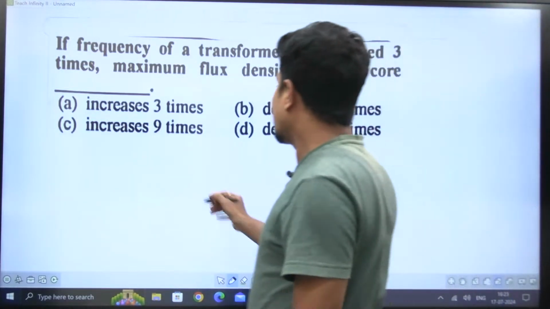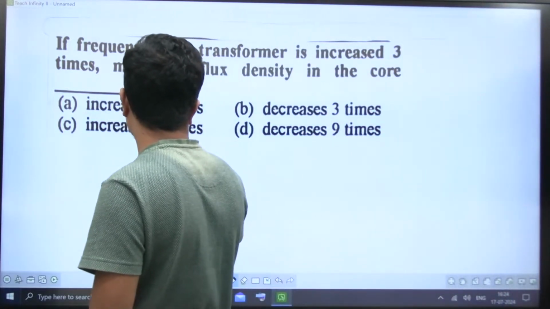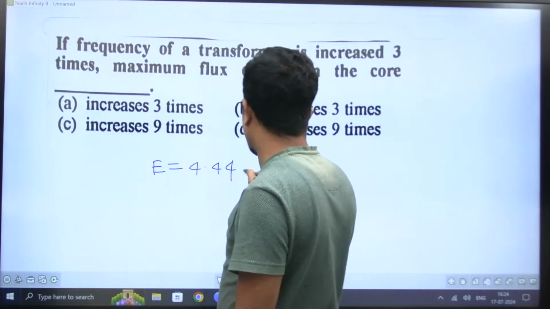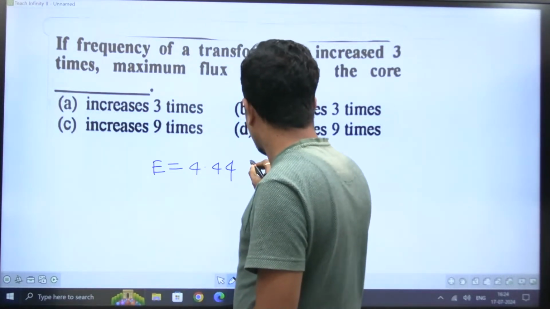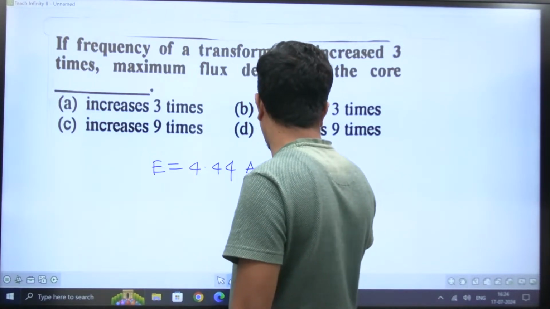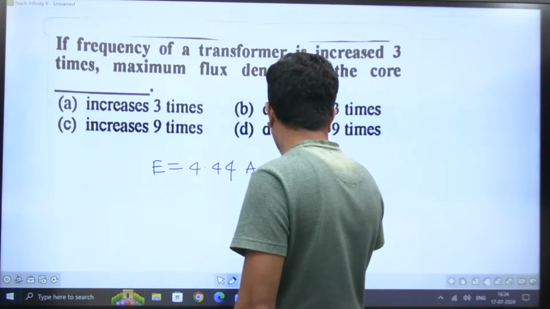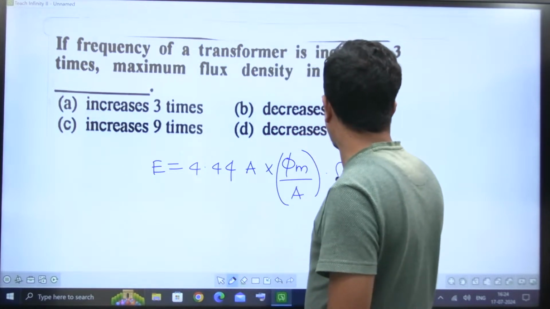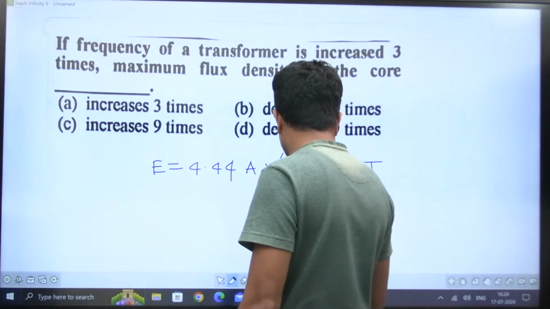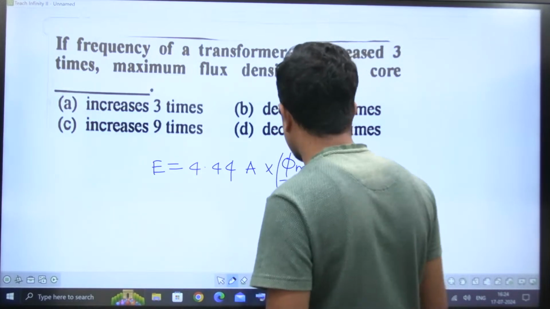I gave you that E is equal to 4.44 flux. What I do is I multiply with the area and divide with the area, into F into number of turns. So this is the flux density Bm, maximum flux density Bm.